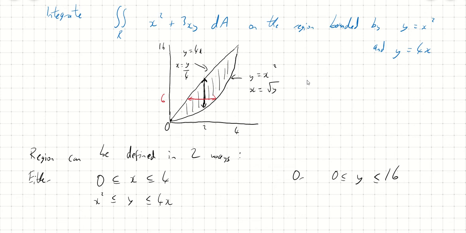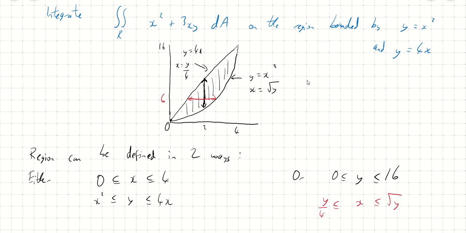Where does x vary between? The lowest value x can take is the left-hand curve, which is x equals y over 4. And the highest value it can take is the right-hand curve, which is x equals root y. So that's the two ways we can define this region.